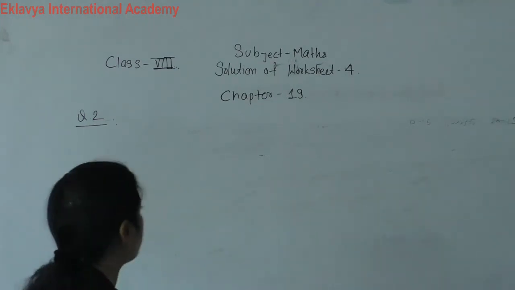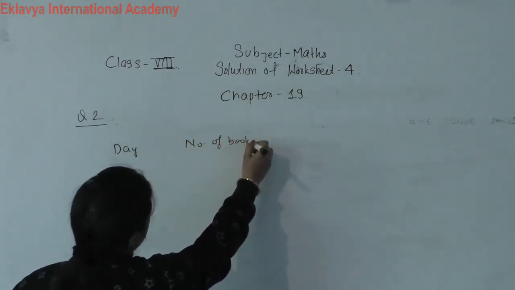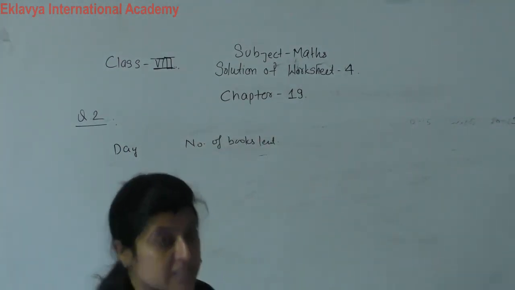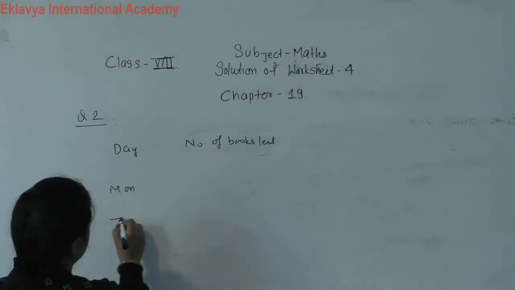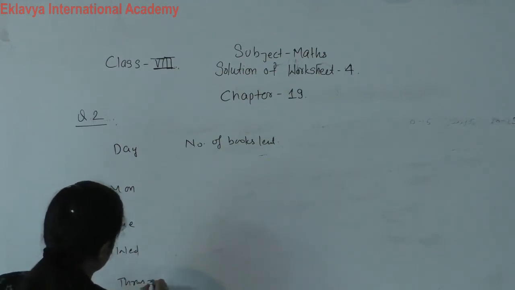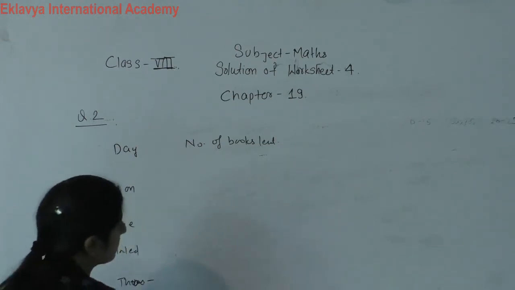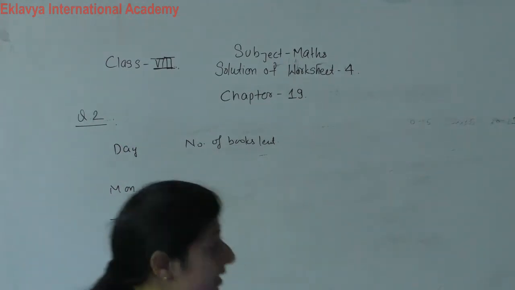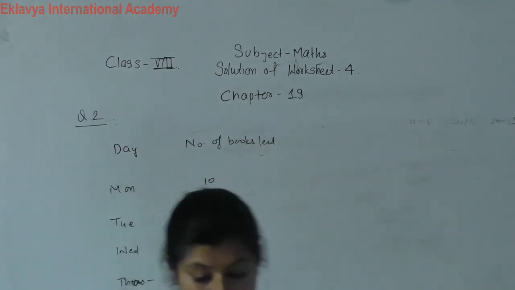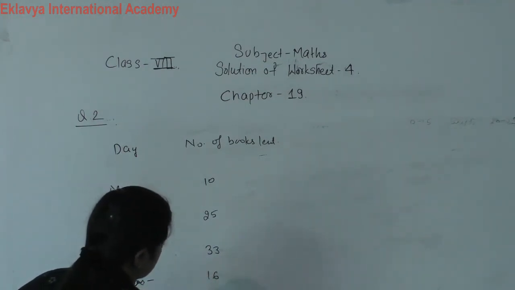Day and number of books lent: Monday, Tuesday, Wednesday, Thursday, Friday, with number of books 10, 25, 33, 16, 6.